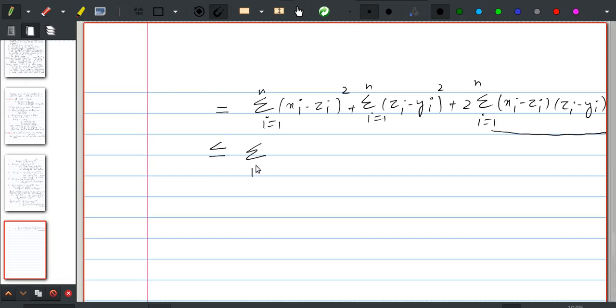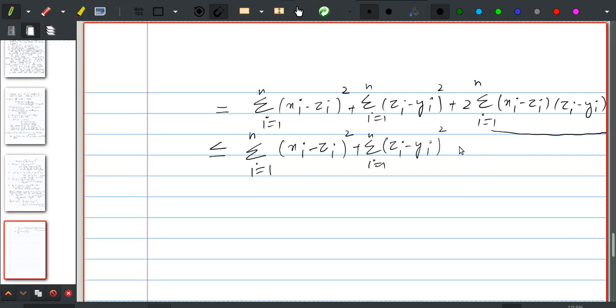So this will be sigma i runs from 1 to n (xi minus zi) whole square plus sigma i runs from 1 to n (zi minus yi) whole square plus, and sigma i running from 1 to n.